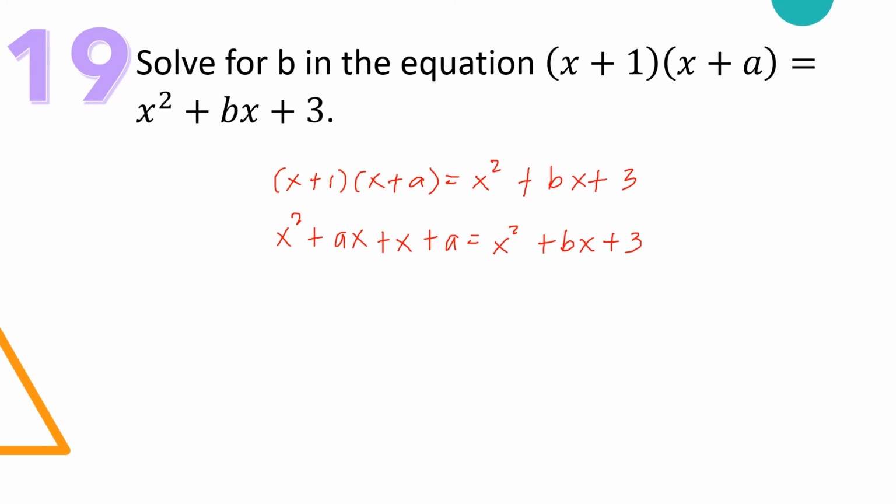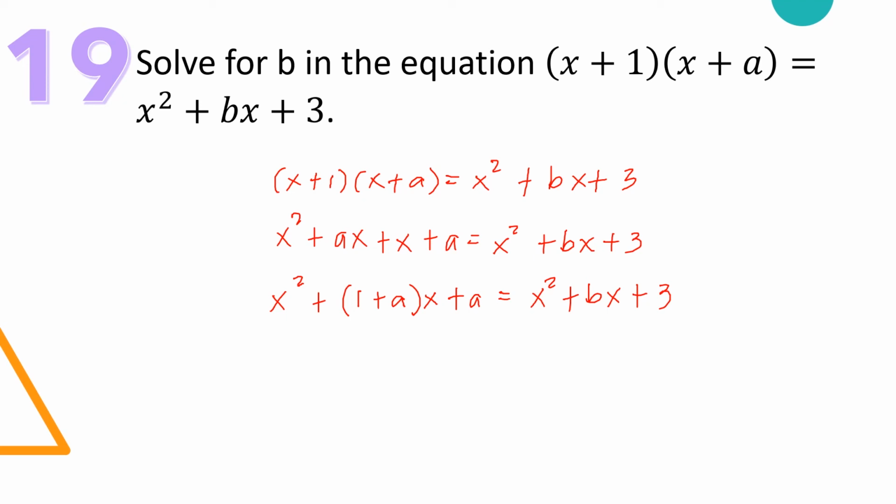Rewriting the left-hand side of the equation, we have x squared plus 1 plus a x plus a equals x squared plus bx plus 3.